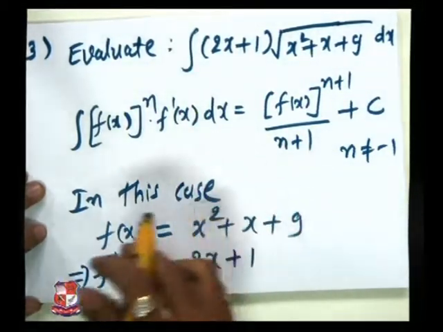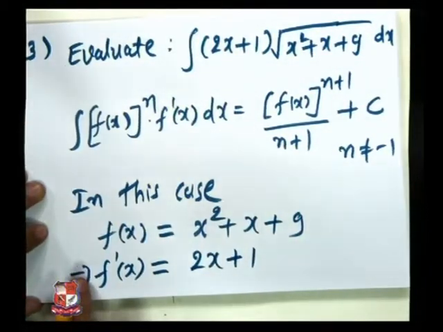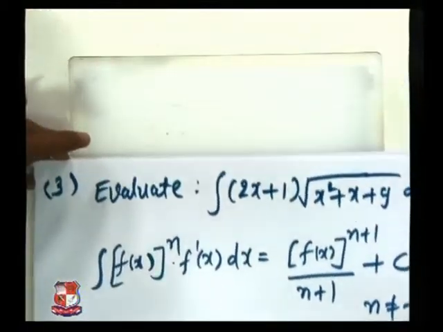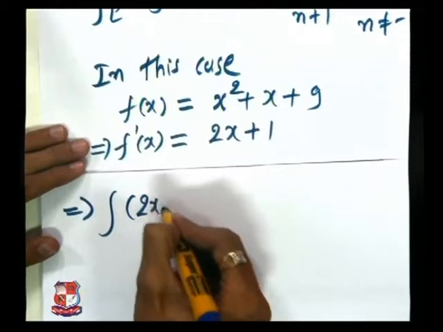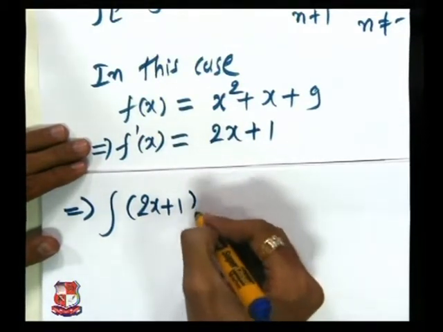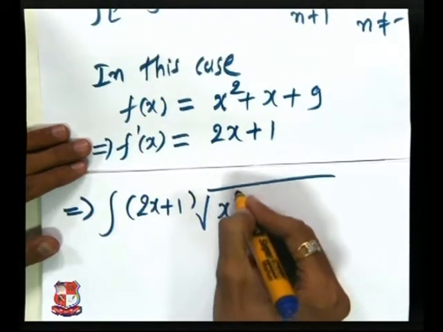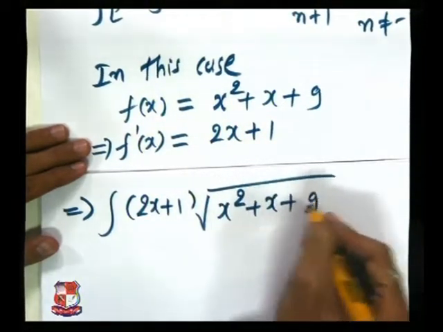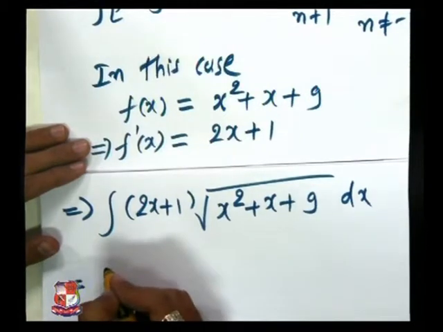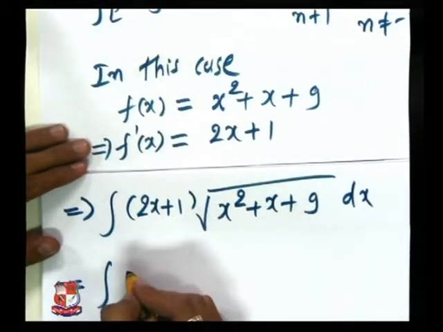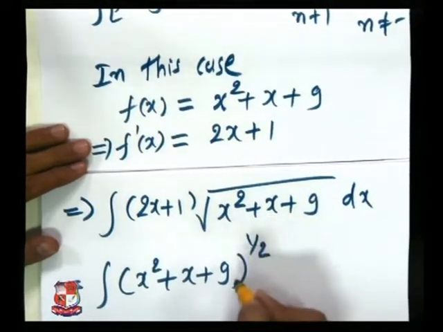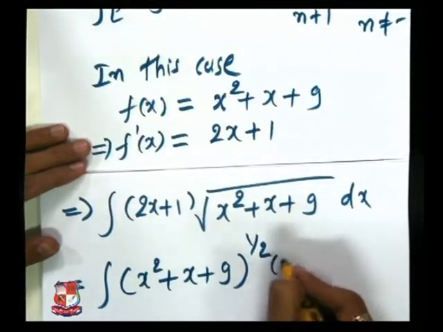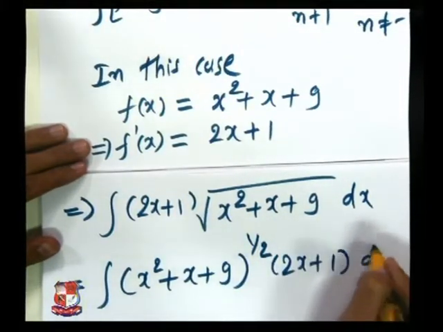So using this f(x) and f dash x, the integration of 2x plus 1 into root of x square plus x plus 9 into dx is equal to the integration of x square plus x plus 9 raised to 1/2, that is square root, into 2x plus 1 into dx.